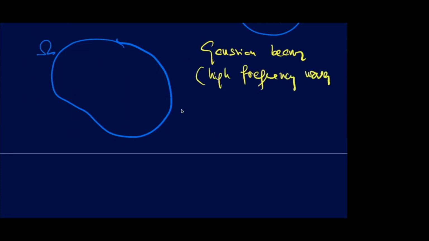So the best we can do in order to understand, at least a priori, the behavior of waves is to consider the so-called Gaussian beams, right? So these are high-frequency waves that one can define, because this is analysis, there is no numerics on this.